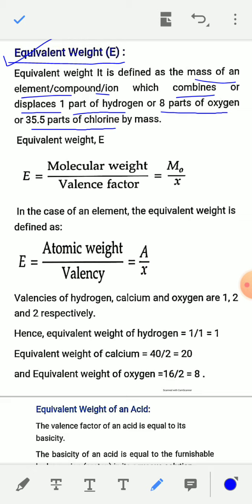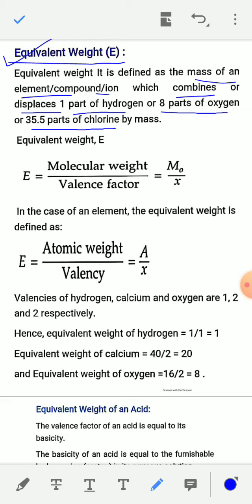Equivalent weight is represented by capital E and it is like molecular weight. Equivalent weight is defined as the mass of an element or compound or ion which combines or displaces one part of hydrogen or 8 parts of oxygen or 35.5 parts of chlorine by mass.